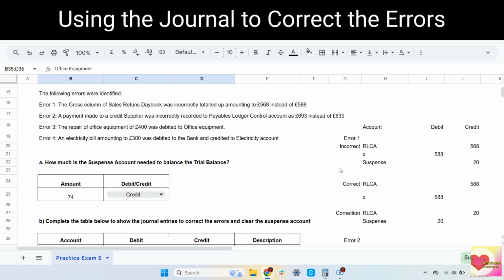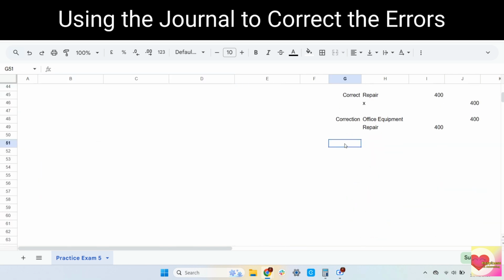So there was a reversal of entries. So let's put the fourth error and the incorrect entry here. The 300 from the bank was entered in debit and the 300 for electricity was entered in credit. The amount on both sides are equal, so there was no suspense account automatically created.